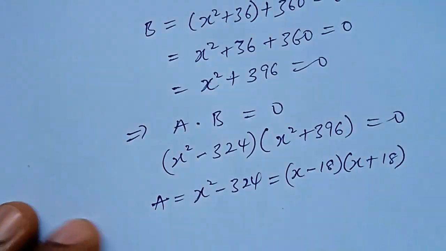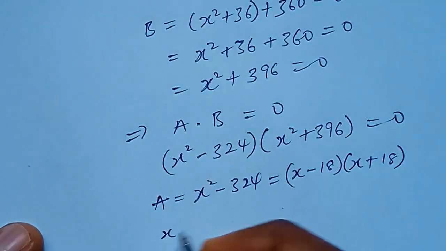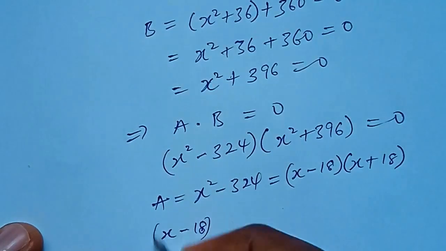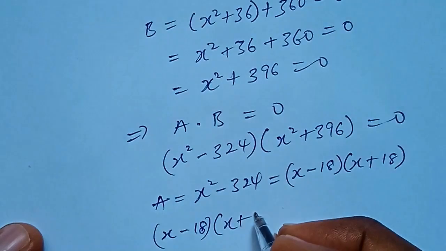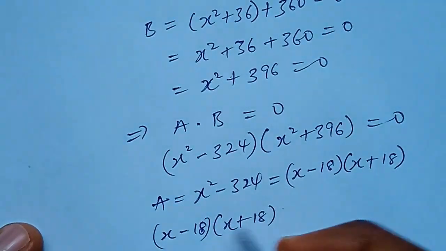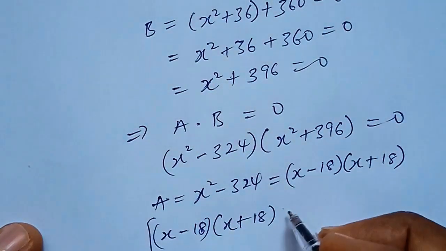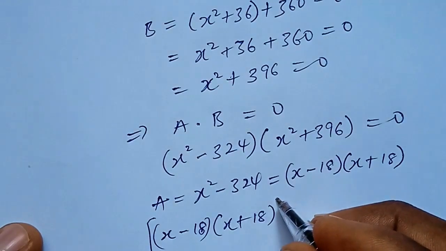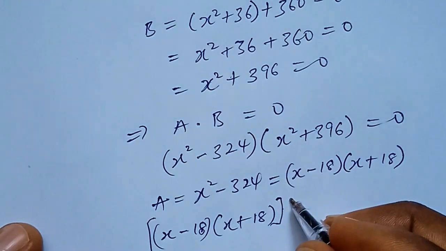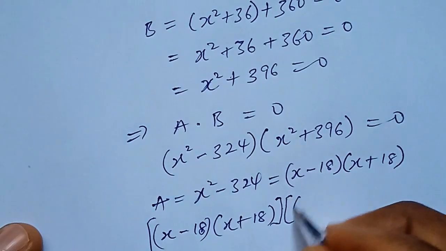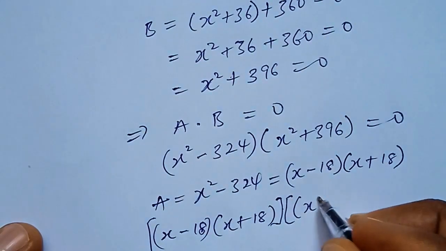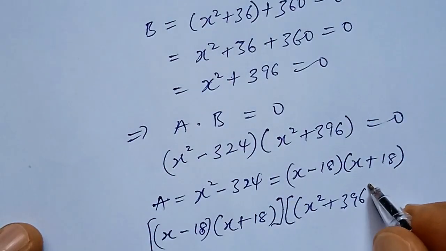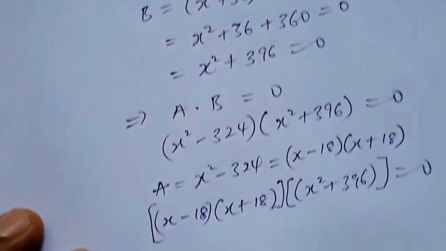So everything will now give us (x minus 18)(x plus 18) multiplied by b, which is (x raised to the power 2 plus 396). Everything equals 0.